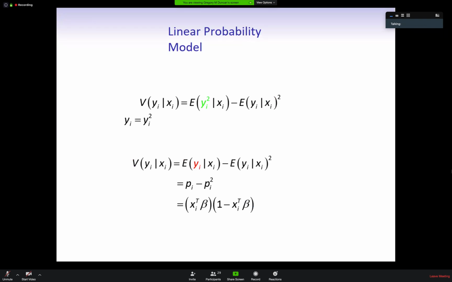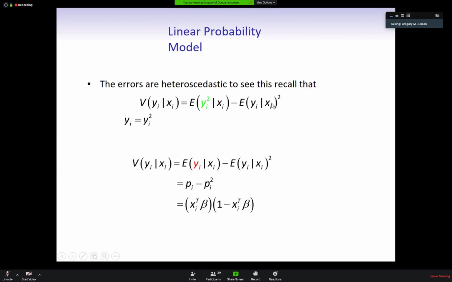darn it. The errors are heteroscedastic. So that's the first thing. And so you're going to lose efficiency. I want you to recall this: the variance of y given x is the expected value of yi squared given xi minus the expected value of y given xi, squared.